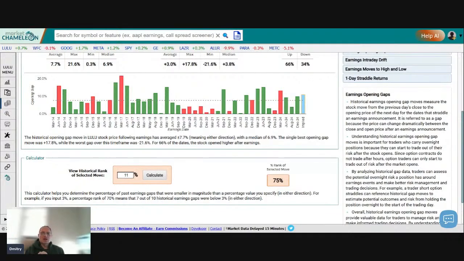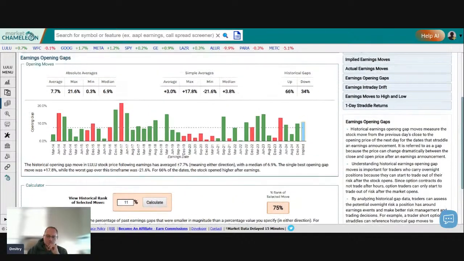So if you're looking at a hedge or a strategy that was around an 11% gap move, now you have an idea from a historical perspective of the frequency of the times that the stock exceeded 11% at that opening gap, which is 25%. 75% of the time it fell below. That's 11%. Okay, so that's a quick calculator to get those statistics for us.